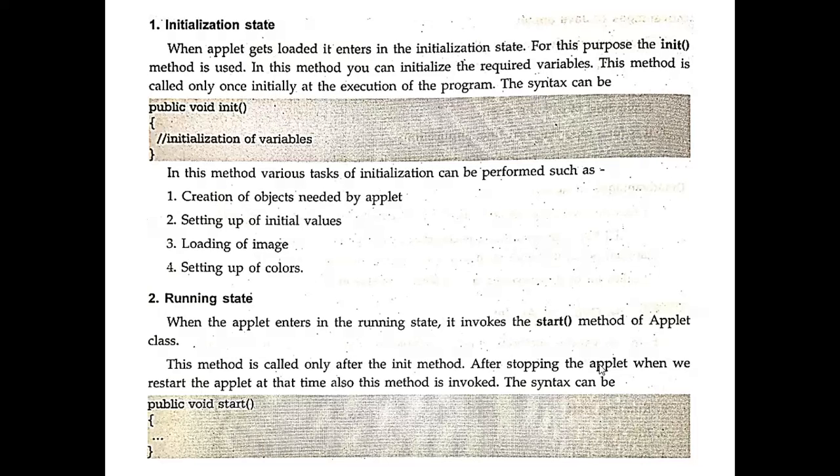Now we'll see the running state. When the applet enters into the running state, it invokes the start method of the applet class, and the syntax of the start method is shown below, that is public void start.